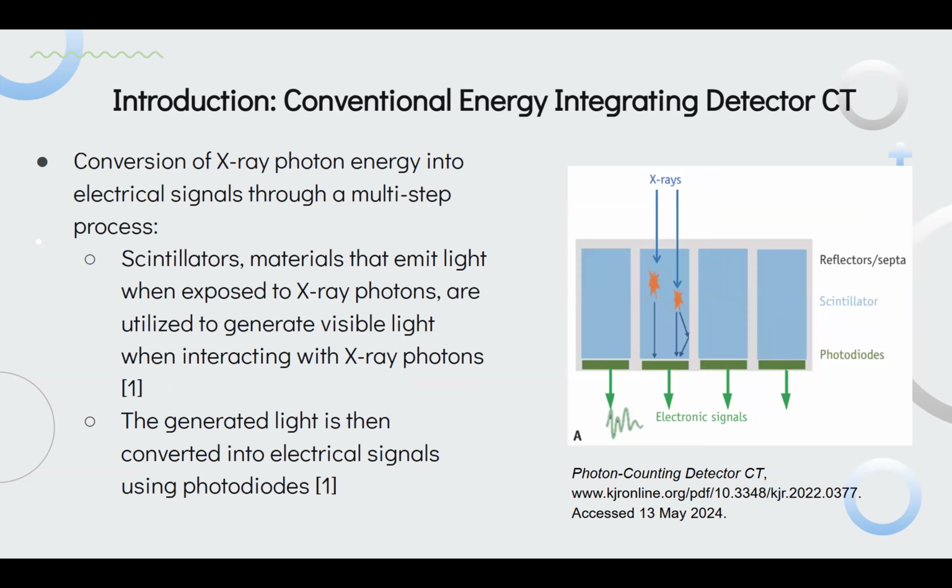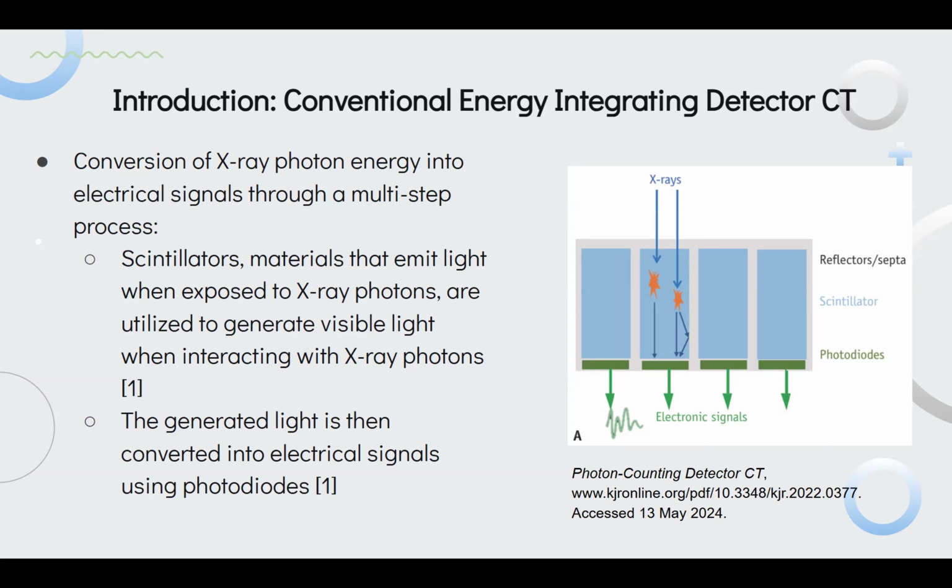And for the last part of the introduction, I'll be covering conventional energy integrating detector CT. So conventional energy integrating detector CT is the conversion of X-ray photon energy to electrical signals through a multi-step process. The first step involves scintillators, which are materials that emit light when exposed to X-ray photons, which is utilized to generate visible light when interacting with the photons.